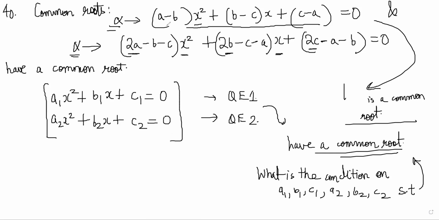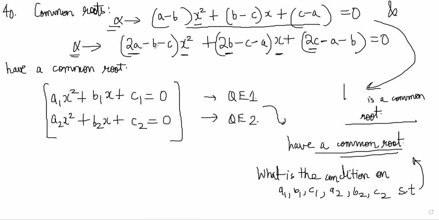But if you have to have only one common root, then the condition will be a little more complicated. If a1 equal to a2, b1 equal to b2, c1 equal to c2, then obviously it's not two equations, it's just one equation, and both the roots are same. So that is a trivial case. That case we are not thinking about.